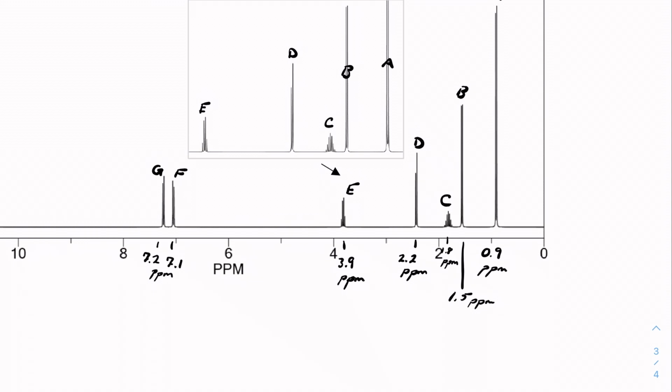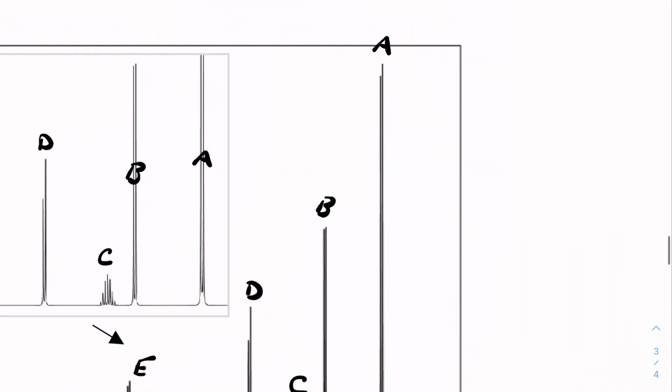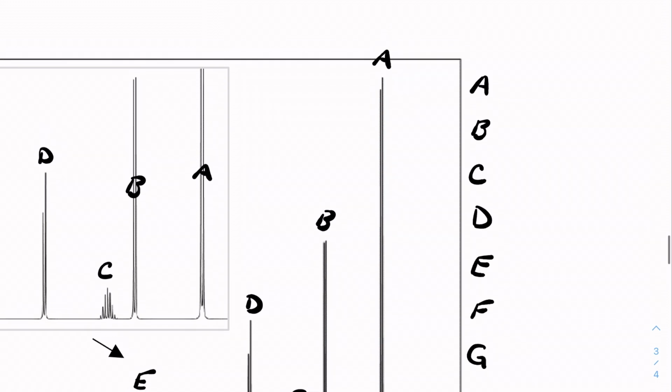So then we're going to go ahead and move on to what we know about the types of signals we're seeing. We're going to list those off to the side here. All right, so for A, we've got 2 peaks, so we can call that a doublet.